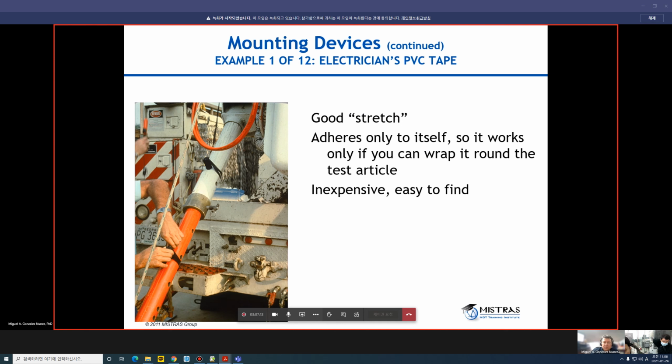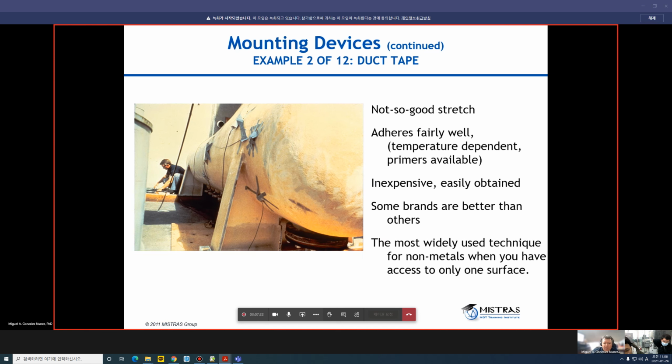All right. So this is the first of the coupling techniques, using electrician's tape. This is another example on composite materials using duct tape, this green stripe. This is not supposed to stretch. It adheres fairly well, but is temperature dependent and primers are available.